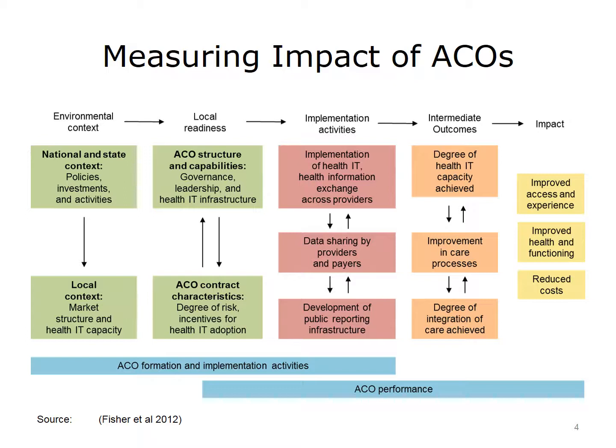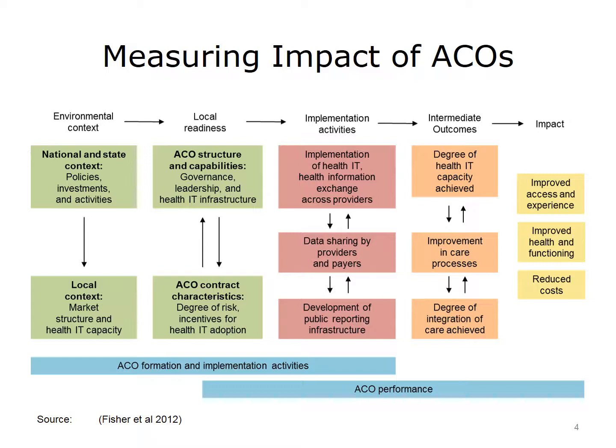The second column to the right lists three important intermediate outcomes of ACOs: the degree of health information technology achieved in ACOs, the improvement in care processes, and the degree of care integration achieved by the ACO. To achieve the desired impact and outcomes of ACOs, it is becoming increasingly evident that ACOs will need to do the things identified in the middle column of the figure.